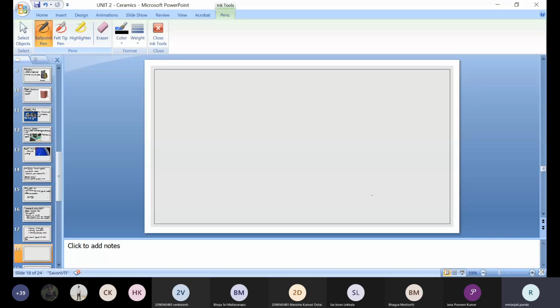Okay, so in forming a ceramic product, we generally follow two steps. In the first step, we are going to get the powder form of the raw material.